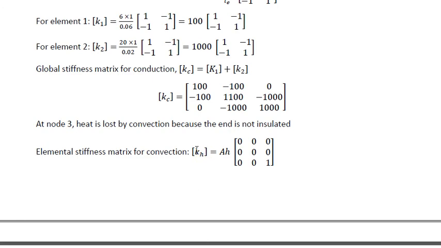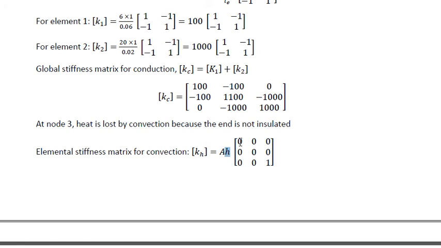So since there is end convection, we will write the convection matrix KH. It is given like stiffness just for understanding purposes. It is A into H. A is the cross sectional area of the end cross section. H is the convective coefficient.